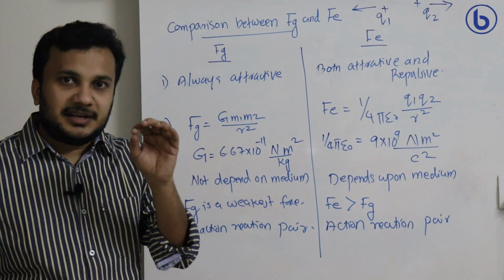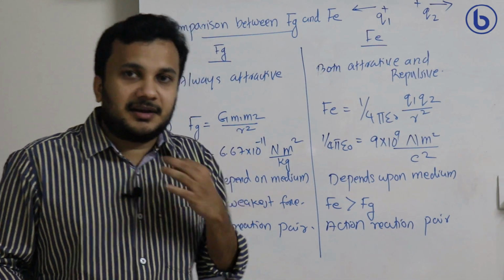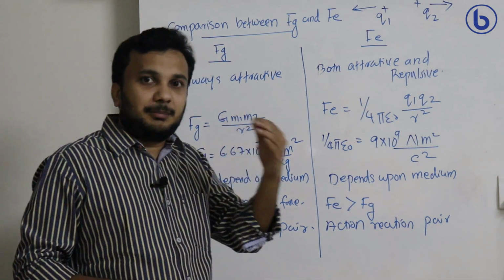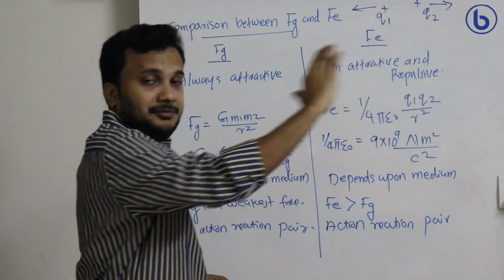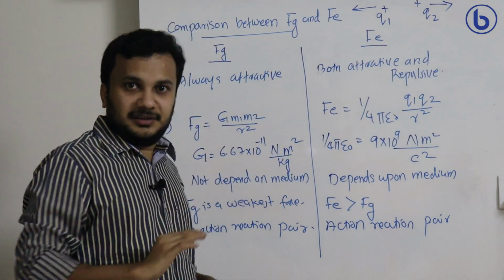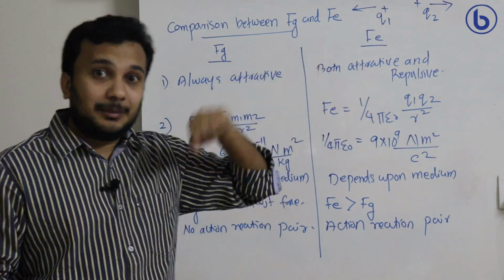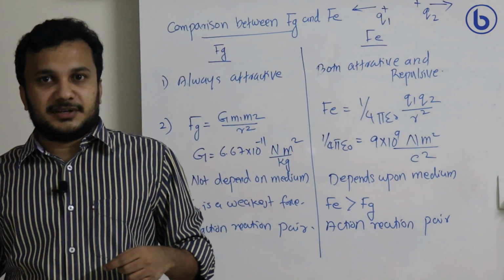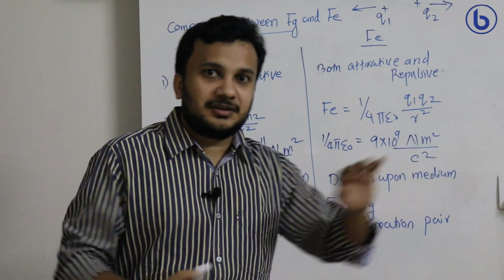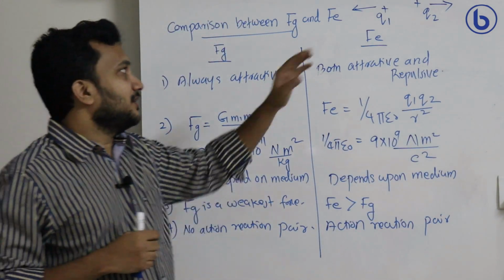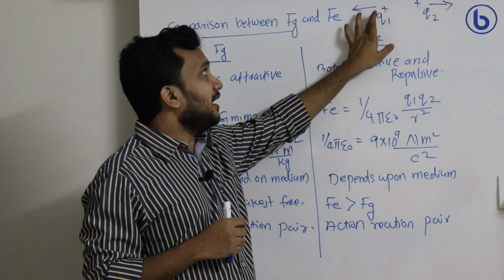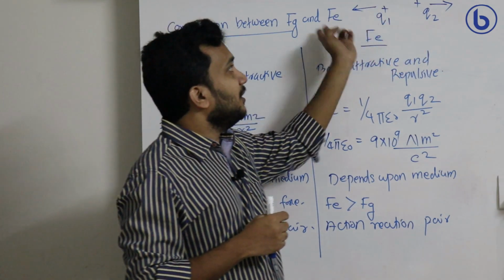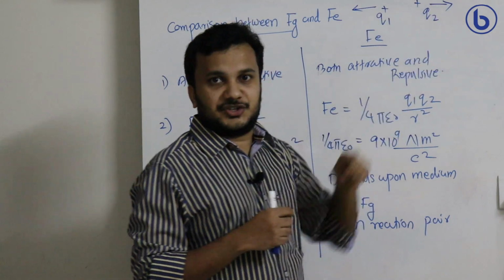Do you understand the meaning of action reaction pair? If I am helping somebody to move in one direction, for example towards the right side, then that person helps me to move in the opposite direction. So I am giving an action, he is giving a reaction. Here Q2 on Q1 is giving an action, and Q1 will give Q2 a reaction.